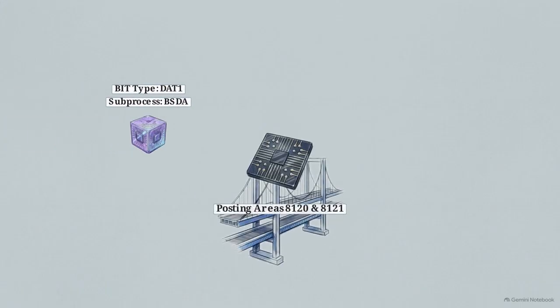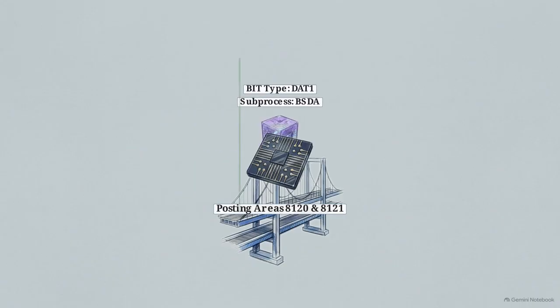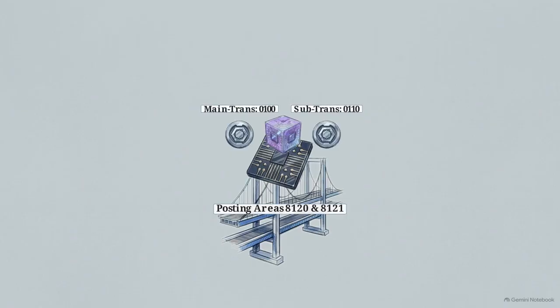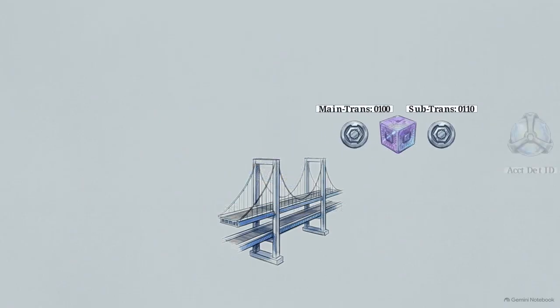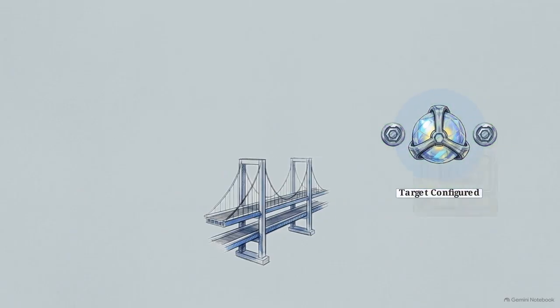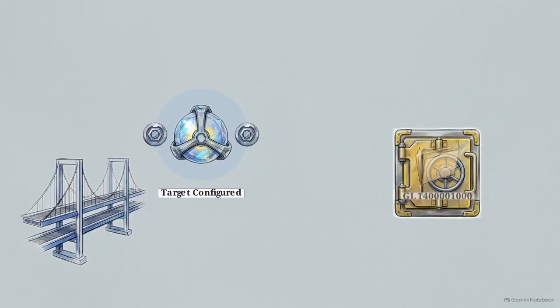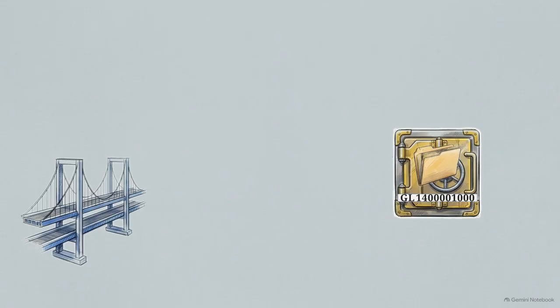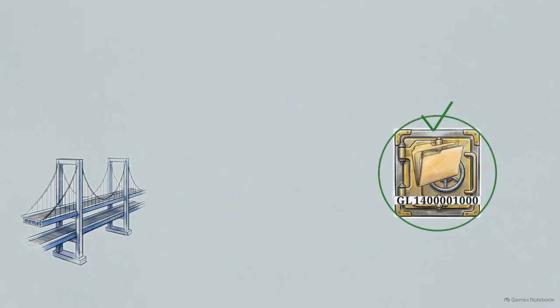The item then passes across the semantic bridge through posting areas 8120 and 8121, where the system reads those CI tags. It immediately emerges on the other side, automatically assigned its correct FICA main and sub-transactions. Finally, those transaction codes pair with the account determination ID, slotting the payload perfectly into its target general ledger account.